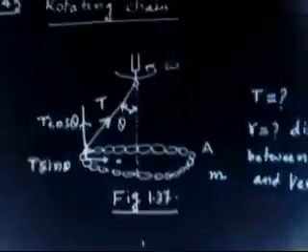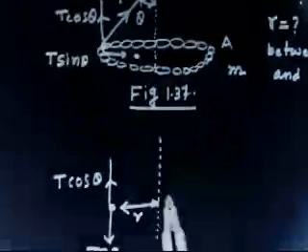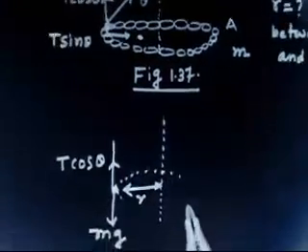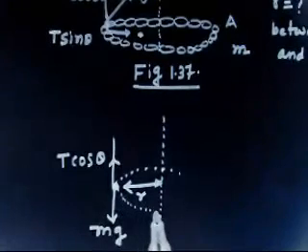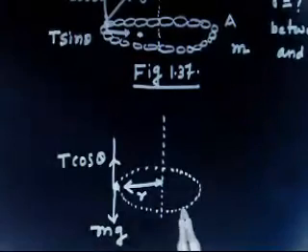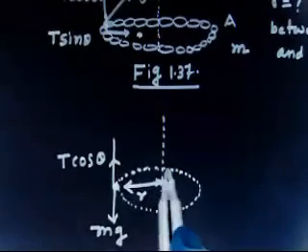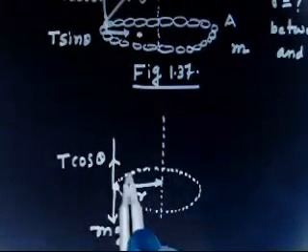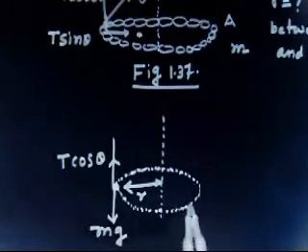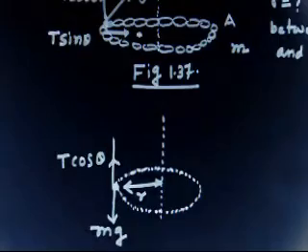Now center of mass or center of gravity is itself moving in a circular orbit of radius r. So the CG of this chain is moving in a circular orbit of radius r, that is, the distance between chain CG and vertical axis is r. Now things are very easy. We can solve the problem easily.